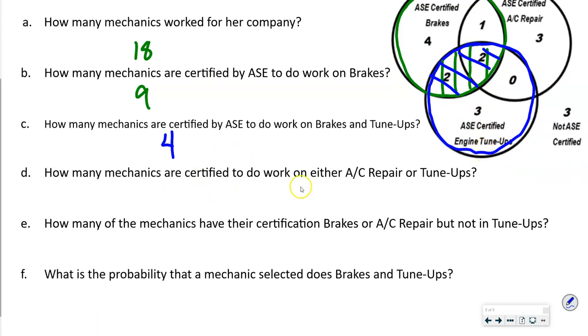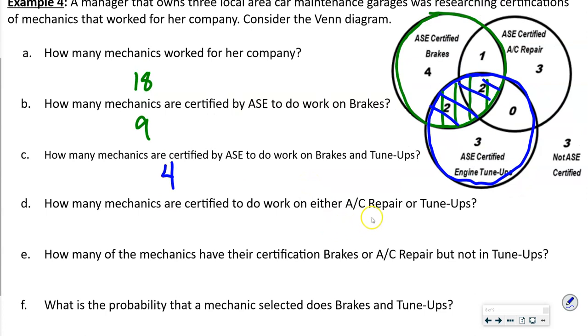Then it says how many mechanics are certified to do work on either AC or tune-ups, okay? Either AC or tune-ups. AC, where's AC? Oh, there's our AC. So let's do this in a different color up here.